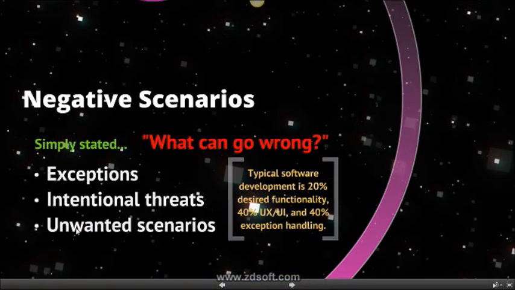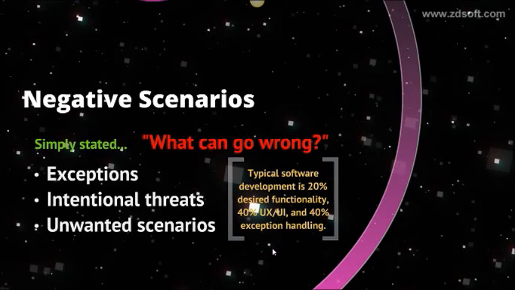Now the book ties exception handling to just the 40%, just to this part right here. But I would be willing to include intentional threats and unwanted scenarios as well, because you need to identify these things so that you can define ways to work around them.